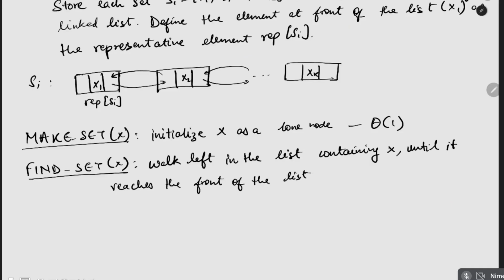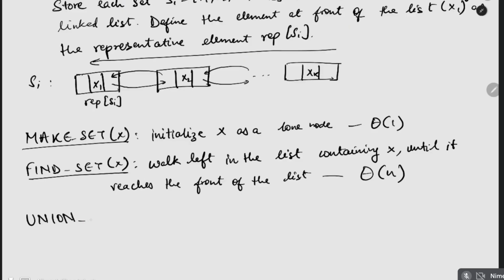So it's basically a list traversal. And we know that a list traversal is a linear time algorithm. That's one difference that we see here from the balanced tree based solution.